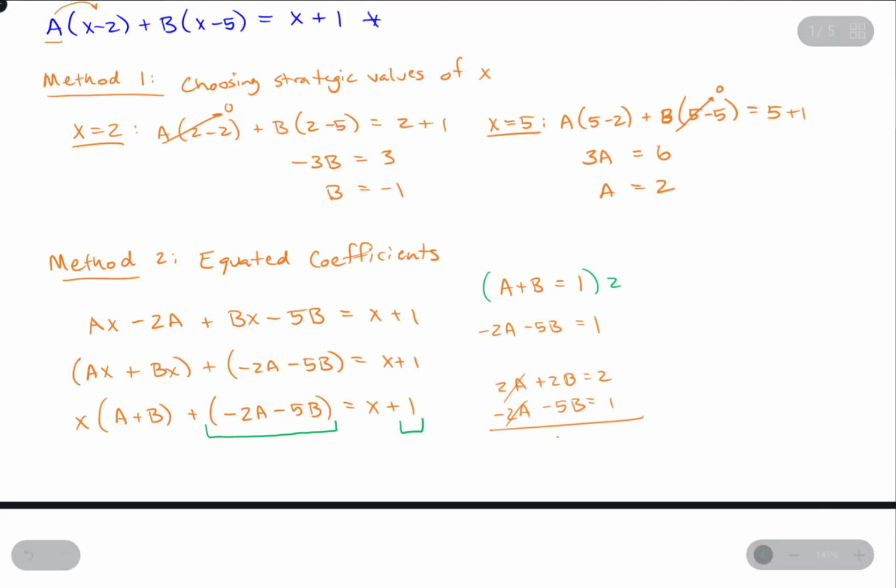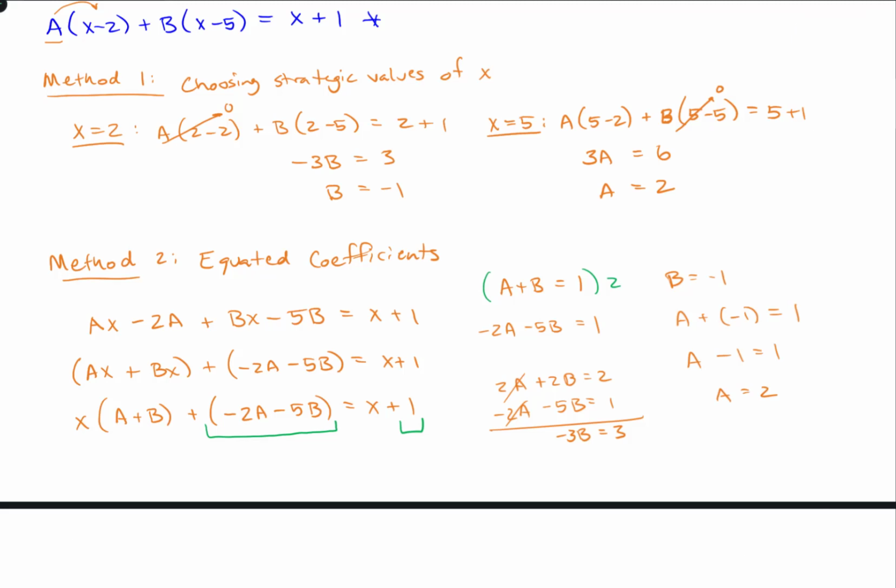This becomes negative 3b equals 3, so that we find that b is equal to negative 1. And then if a plus what I just learned to be b is equal to 1, then that means a minus 1 is 1, or a equals 2.